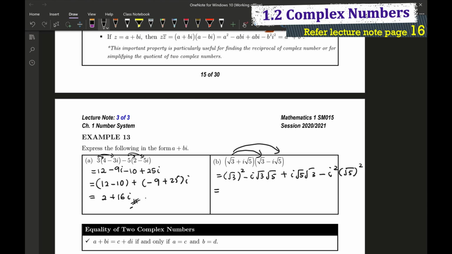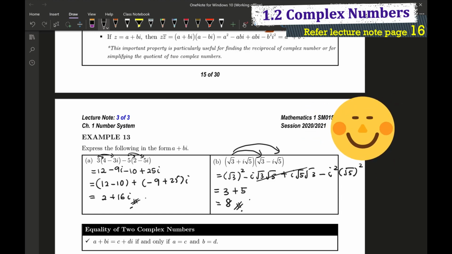At the end we get 3. This one will eliminate, because negative plus positive means we don't have it anymore. And i squared equals -1, so negative multiplied by negative gives positive, so plus 5. At the end we get 8. We must be very careful. When doing maths, you need to be very, very careful. That's it for example 13.